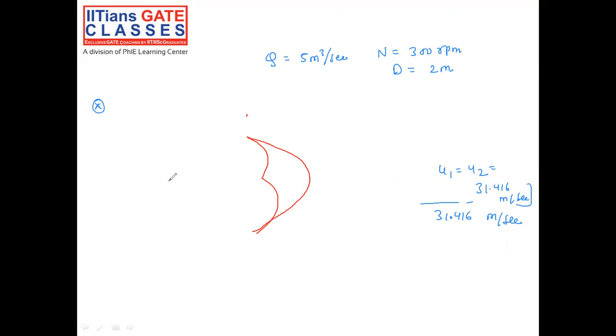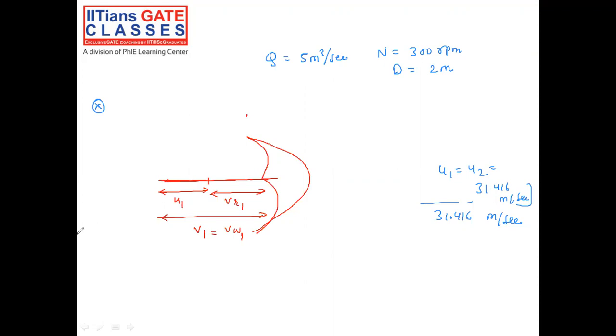Of course, the 3D figure is very much different, but I'm just showing the particular side view. You can see that U1, VR1, that total is equal to V1. We also call it V omega 1. See, the velocity of jet or the bucket speed, that is not responsible for the rotation.